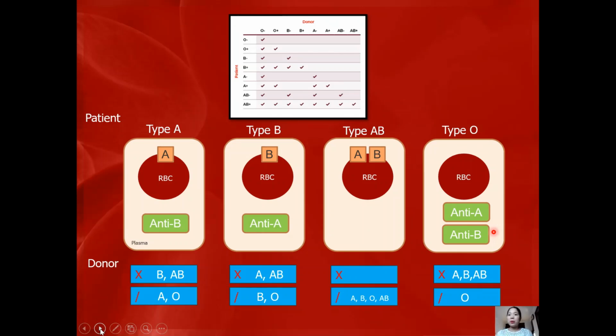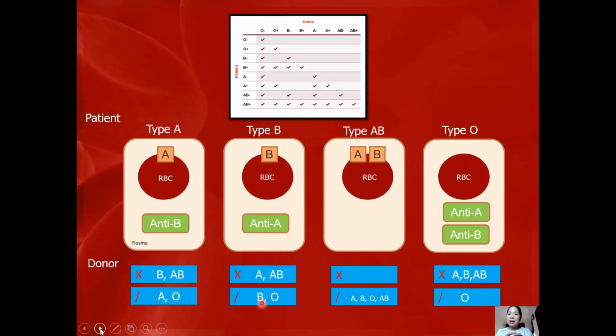So it's very important. Again, the principle is you have to know the naturally occurring antibody in the plasma of the patient or the recipient of the blood. Okay, so if you will see, blood type O can be transfused to almost all blood types. That's why you call the blood type O the universal donor because you can give.